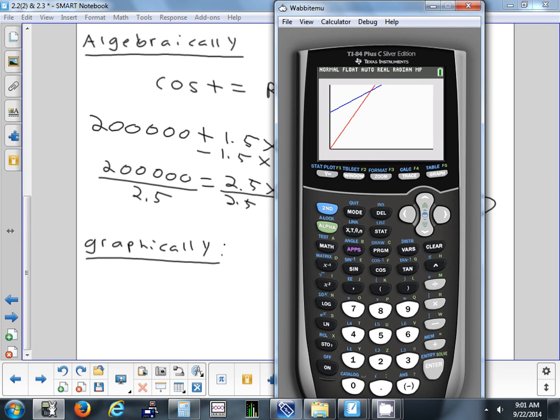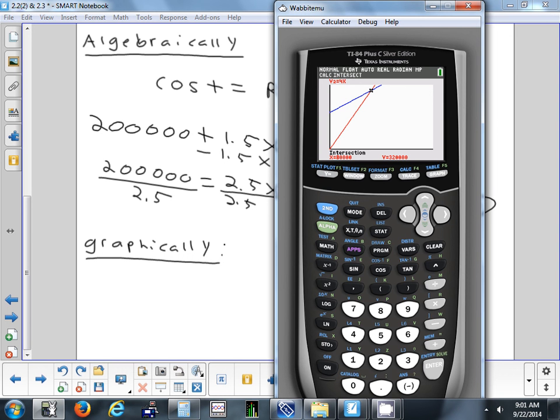Yep, Andrew. I think calc. Second, calc, okay. And then 5. Yep, and then 5. Now you pick a point somewhere on the first curve. Pick a point somewhere on the second curve. And the guess doesn't really matter, it just controls how long it takes to get the answer. And it tells us that once we sell 80,000 shirts, we will break even.